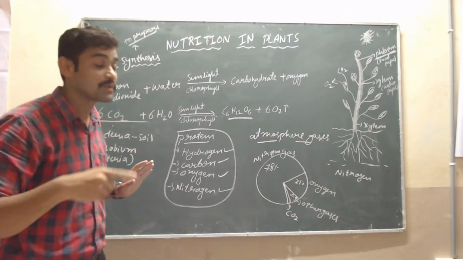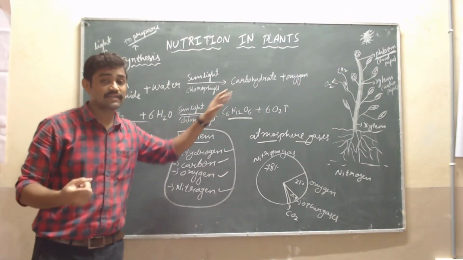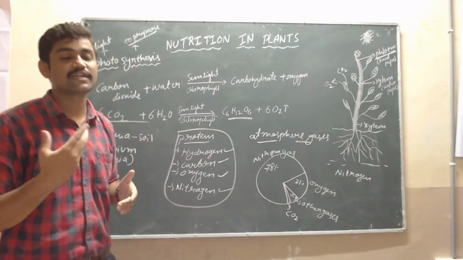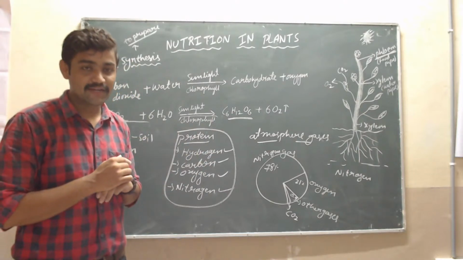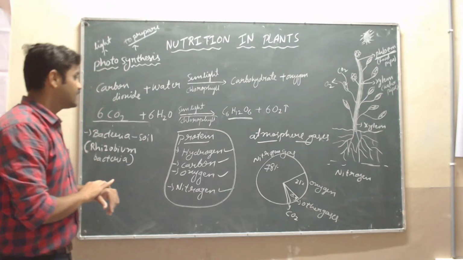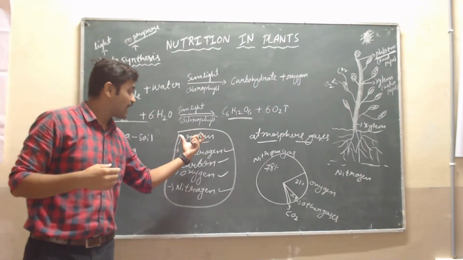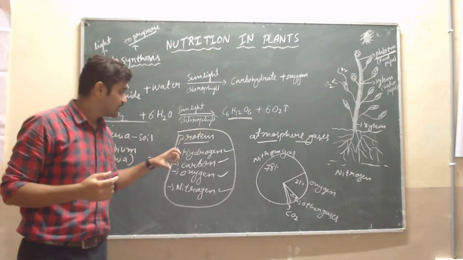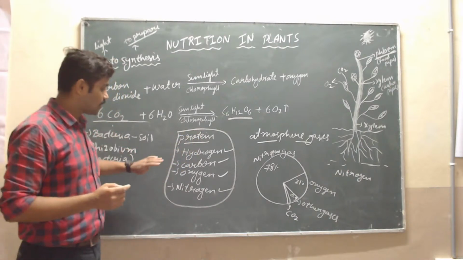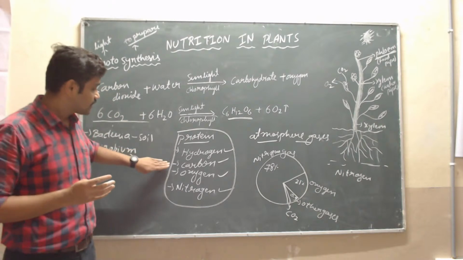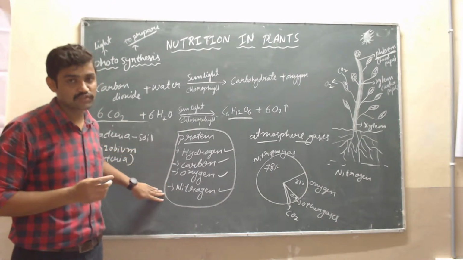Plants prepare, other than carbohydrate, protein also and vitamins also. If plants want to prepare protein, they need 4 components: hydrogen, carbon, oxygen and nitrogen.